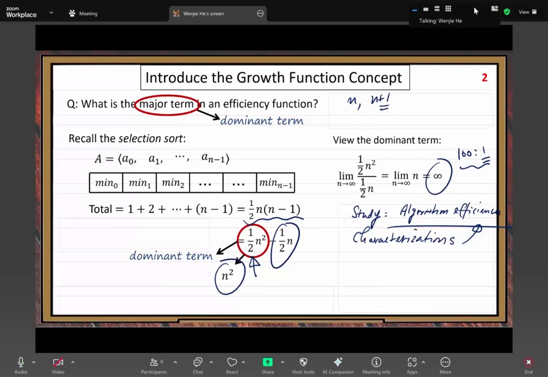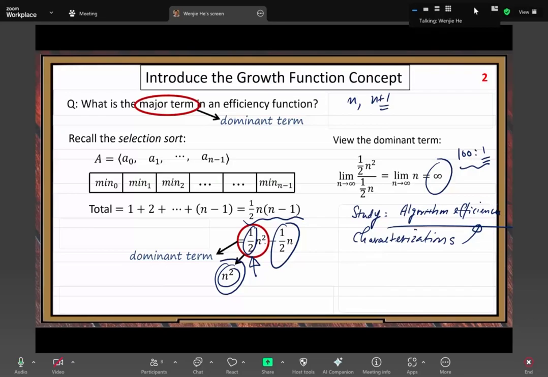So we want to make the difference big enough. Here, we want to drop this 1/2, and we want to use n squared to represent the category. If you have 1/2 n squared, we put it in the same category, not a different category, because the difference is you just scale it, right? You use a constant to scale the function.